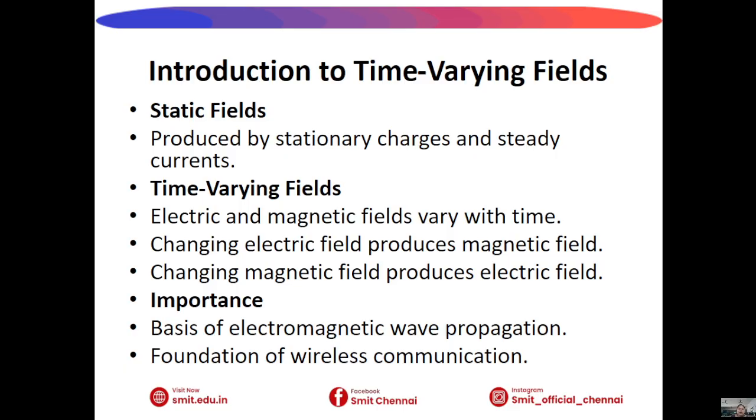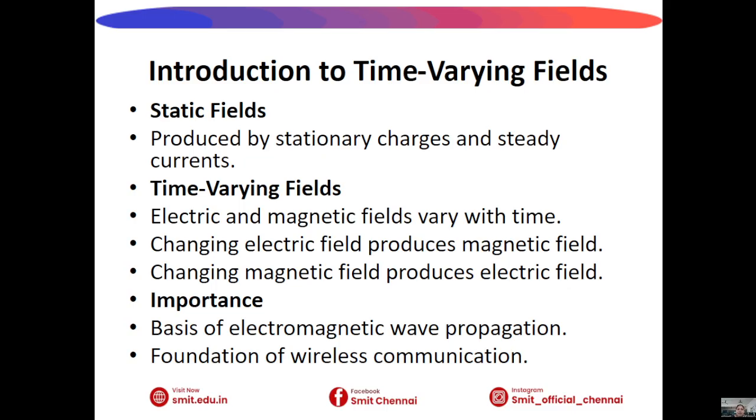Next, we see about the introduction to time varying fields. Before studying Maxwell equations, let us understand the concept of time varying fields. In electrostatics, electric fields are produced by stationary charges, while in magnetostatics, magnetic fields are produced by steady currents. These fields do not change with time. However, in practical systems, currents and voltages often vary with time.